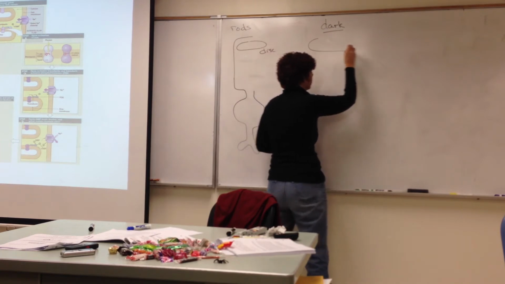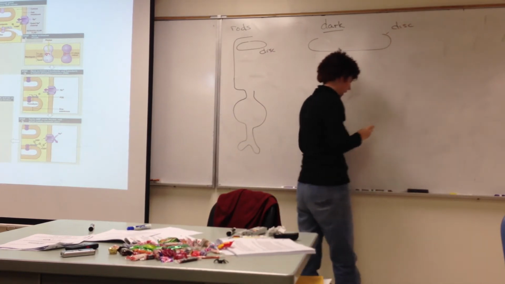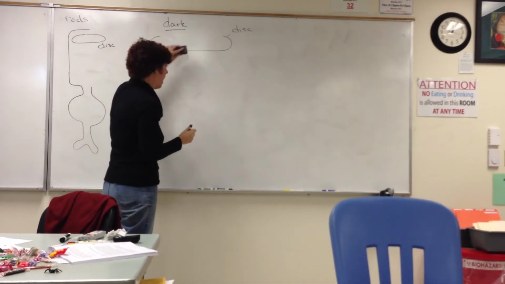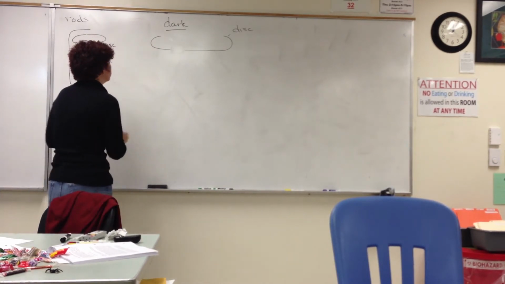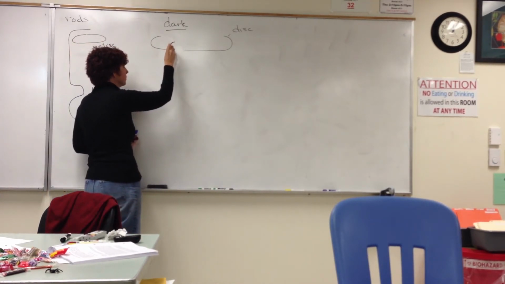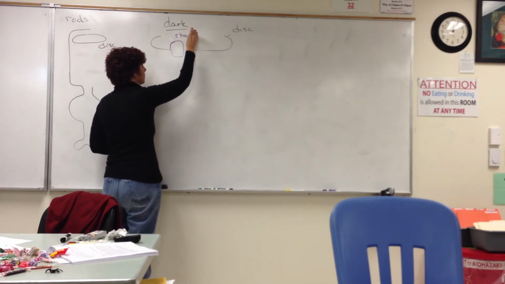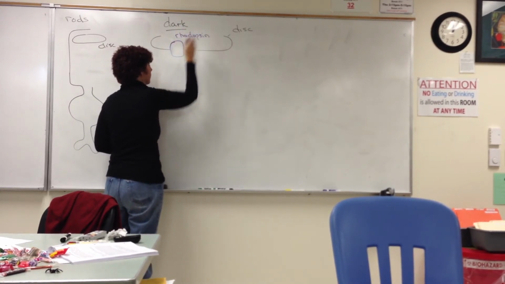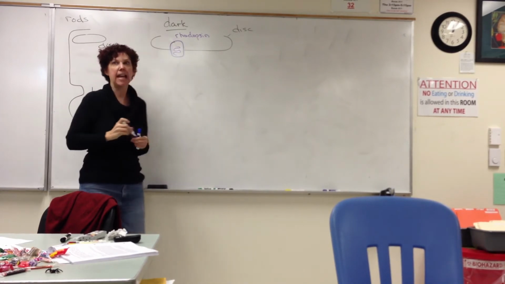So here's a disc membrane, and embedded in that membrane is our rhodopsin. It's going to have the retinal in there and the opsin.